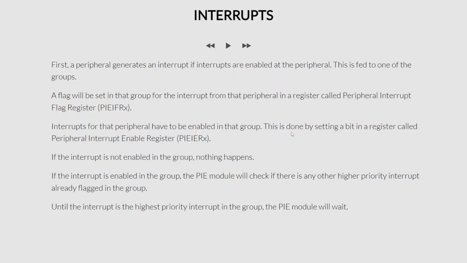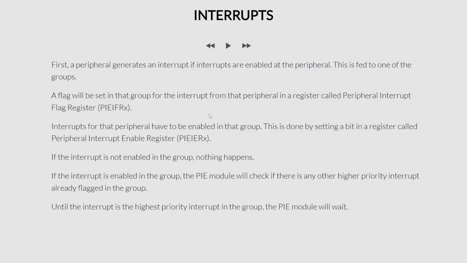Now, once a flag is set, we still need the interrupts for that peripheral to be enabled in that group, right? We need peripheral interrupts enabled at the peripheral. That's a different matter. But besides that, the interrupts also have to be enabled in that group. And this is done by setting a bit in a register called the peripheral interrupt enable register for that particular group.